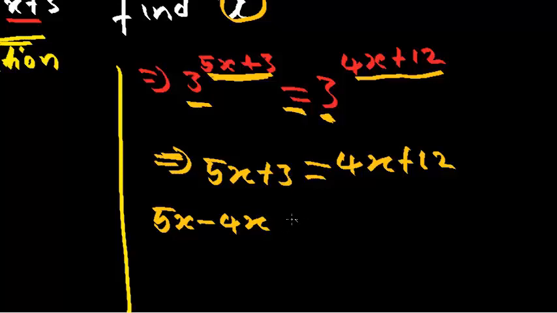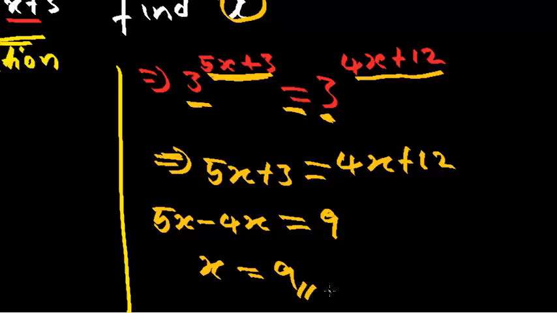Then equal to, subtracting 4x from the other side, 4x minus 4x will be 0. Then I'm also subtracting 3 from here, and that is going to give me 9. So I get x equal to 9. That is, 5x minus 4x gives me 9.